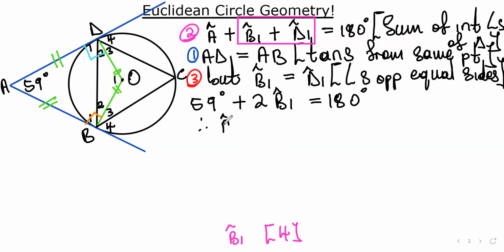And now you can get straight to the point and tell us what is B1. So you'll just say it's going to be 180 degrees minus 59. Then you get 121 degrees. And now you divide this by 2. Then you find that the size of angle B1 will be 60.5 degrees.